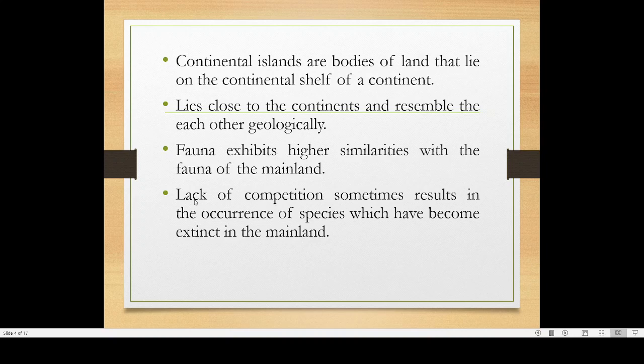Then another peculiarity is a lack of competition. Lack of competition sometimes results in the occurrence of species which have become extinct on the mainland. For example, the Sri Lankan elephant has no tusk. It is a tuskless elephant. Just like the female elephant, the Sri Lankan elephant has no tusk.